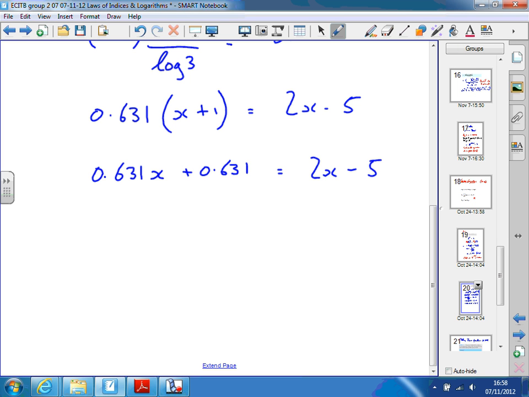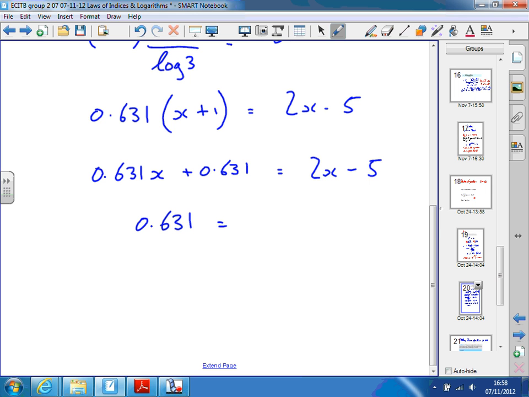And now I try and get all the x's on one side of the equation and all the numbers on the other side. So I'm going to subtract 0.631x from both sides to get rid of the 0.631x over there. And I'm going to add 5 to both sides to get rid of this minus 5 over here. So let's do that in 2 steps. Subtracting 0.631x from both sides, I get 0.631 equals 2x minus 0.631x minus 5.